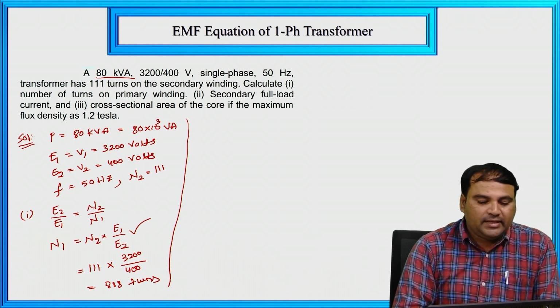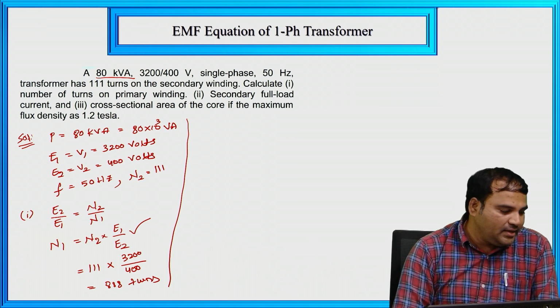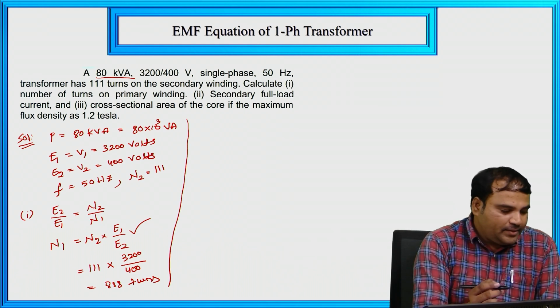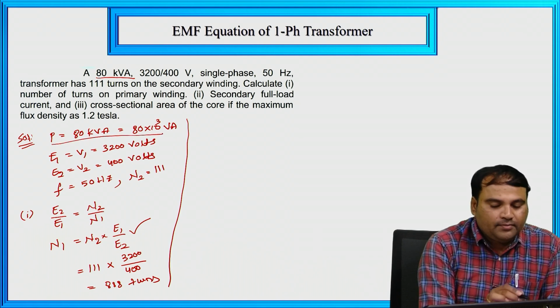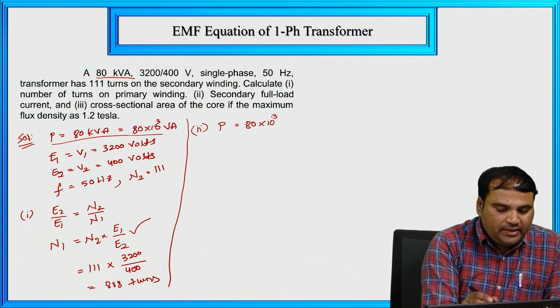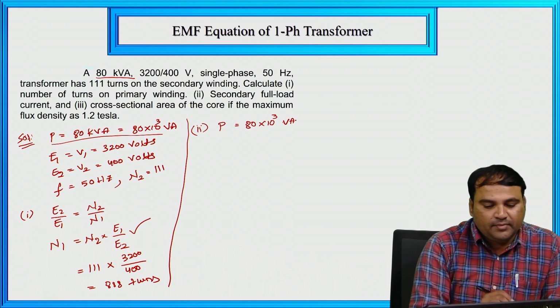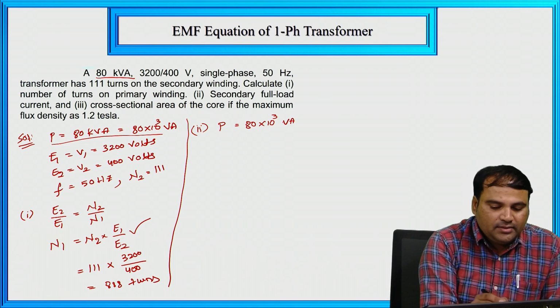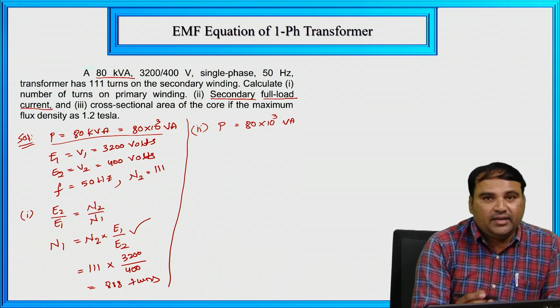And second one, secondary full load current. So we need to calculate the secondary full load current. Here we are having the power rating of transformer, P equal to 80 into 10 power 3 volt amperes. So on the secondary side we need to calculate.